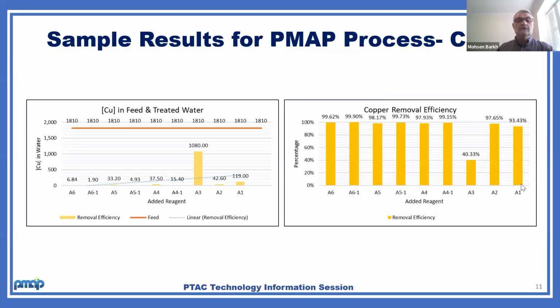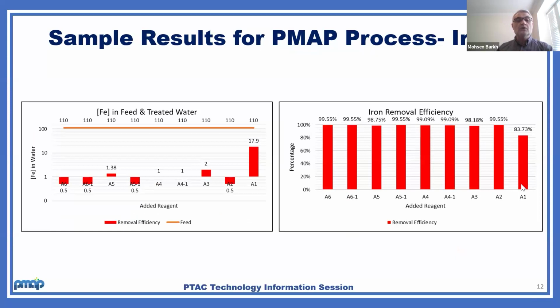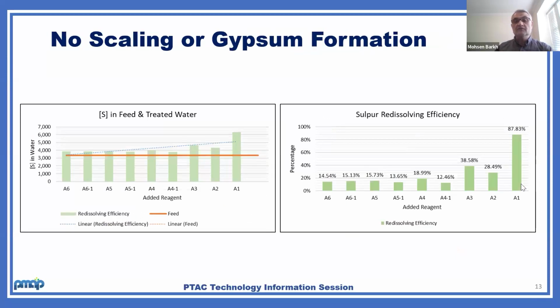For the copper, we drop from 1,810 to 1.9, which is 99.9% removal of the copper. And for the iron, from 110 to undetectable, which is 99.55% removal. And all of this happens when we are not producing any gypsum and we don't have any scaling issue, which is a very common problem in the active treatment using lime.